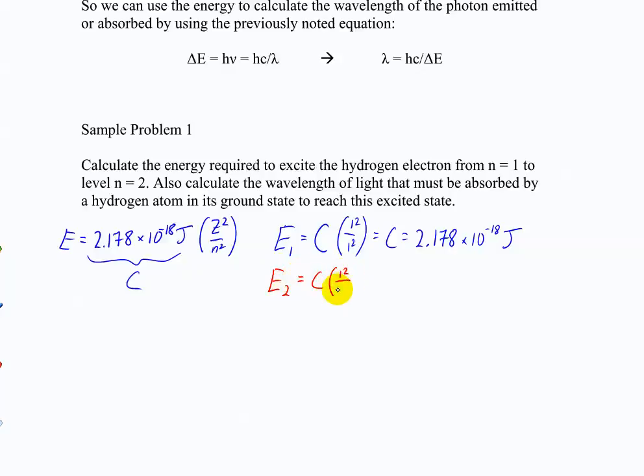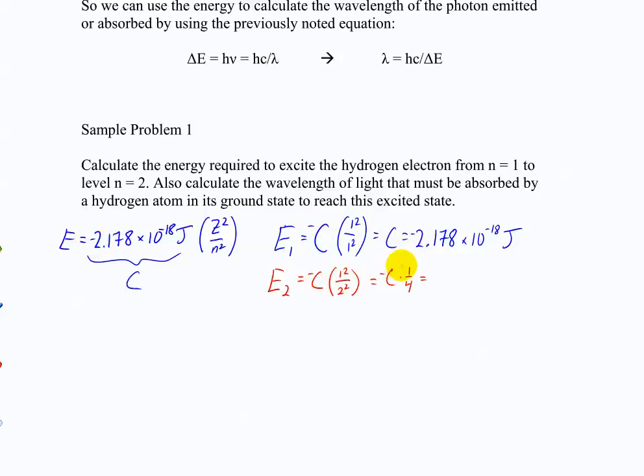Still 1 squared here, but now we're 2 squared down here. So that's going to be C times 1/4, which is about, wait a second, I missed some negatives here. This should be negative, negative, negative, negative, negative.